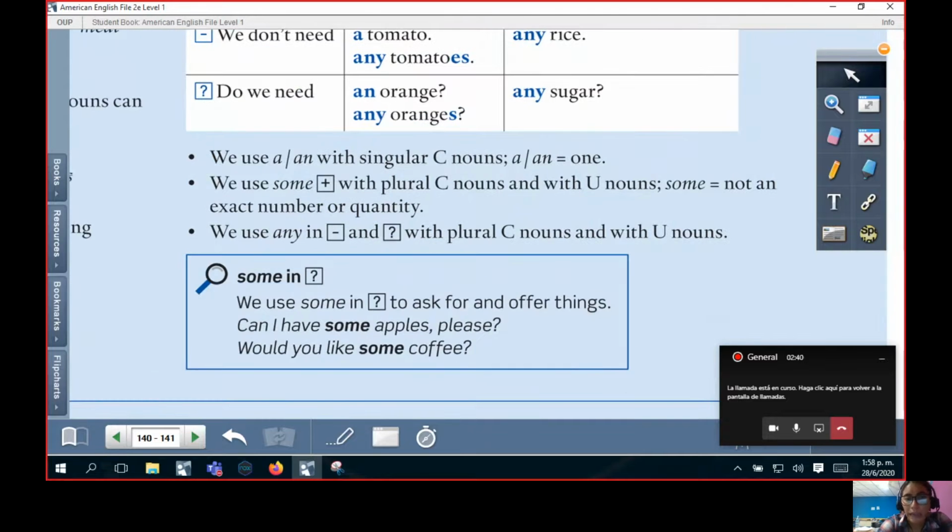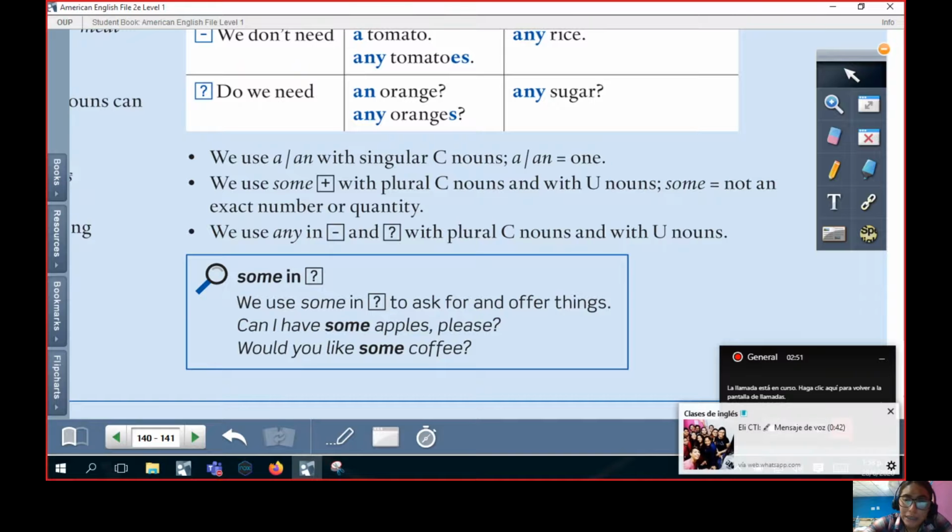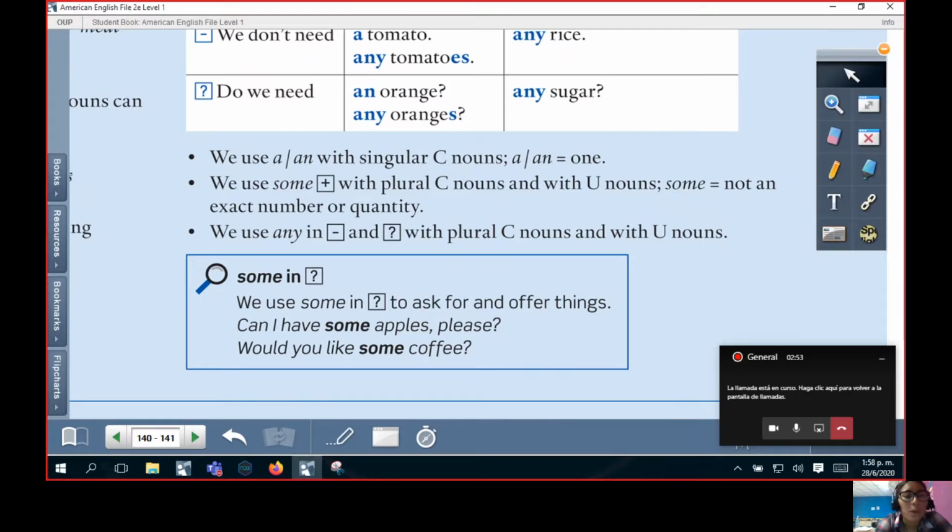The use of a or an: in English we use a or an with singular count nouns, and we use some with plural nouns and with uncountable nouns, and not an exact number or quantity of something.